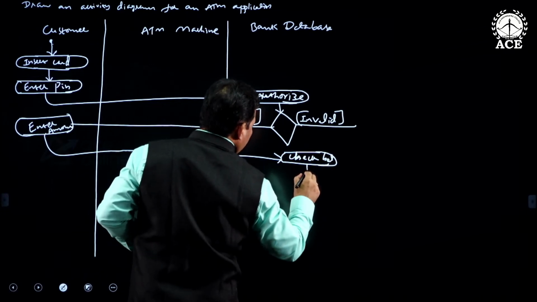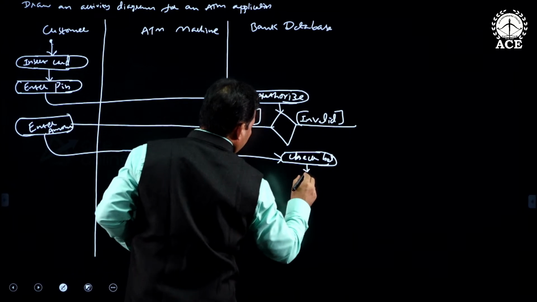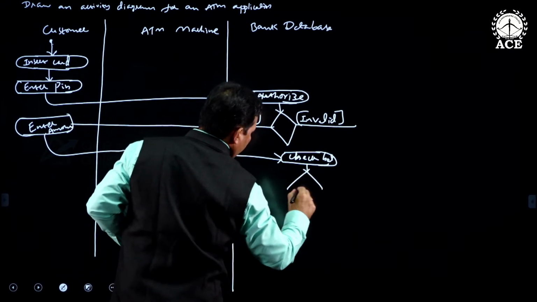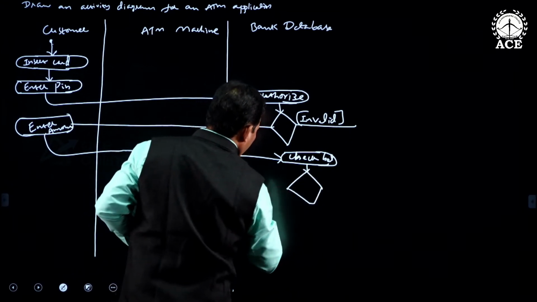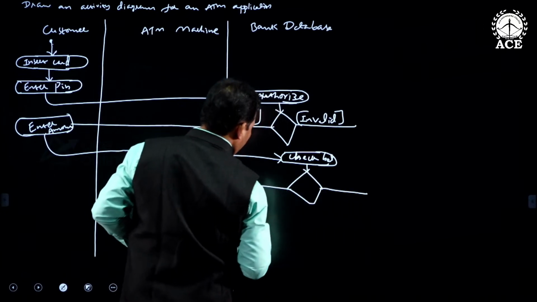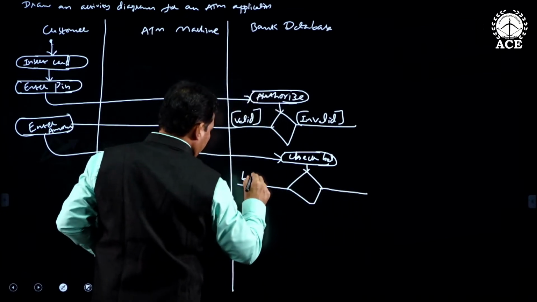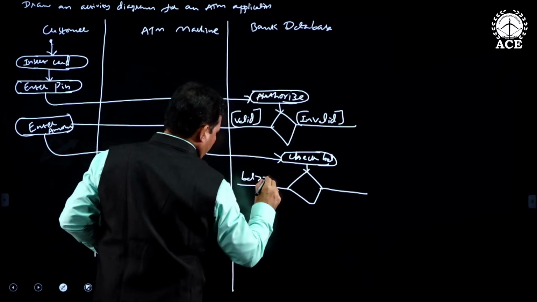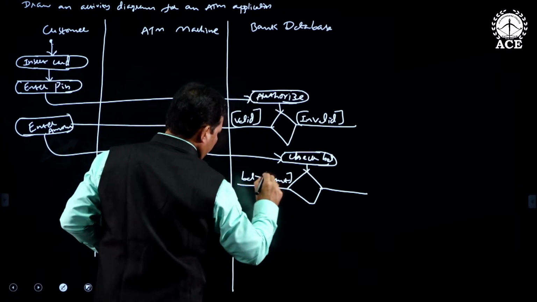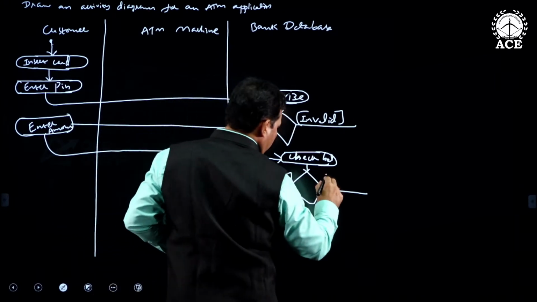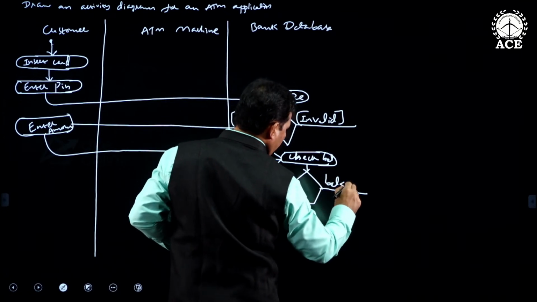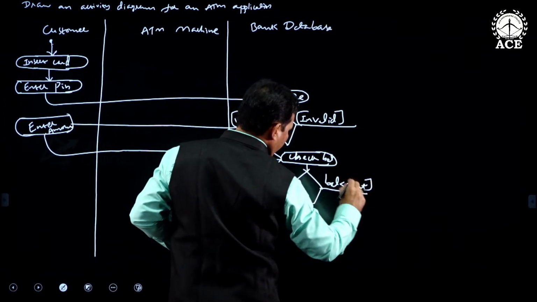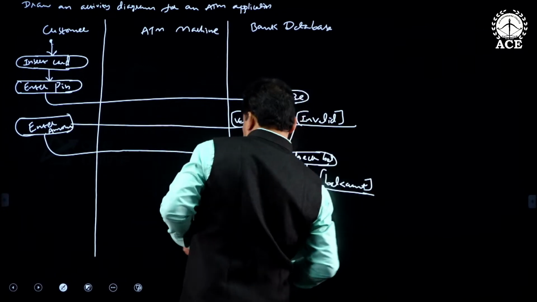If the customer has sufficient balance in their account, what will happen? If the balance is greater than or equal to the amount, one thing happens; if the balance is less than the amount, another. That we will see.